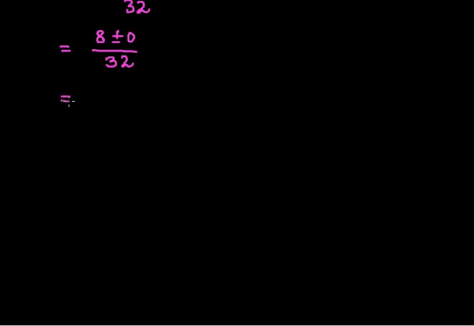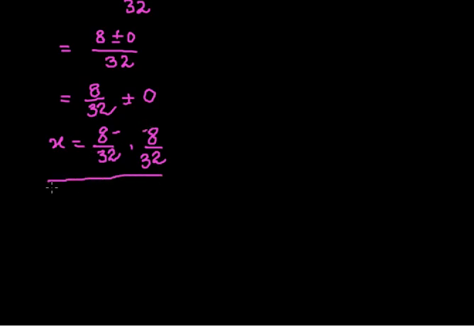This is equal to 8 by 32 plus minus 0. So the values of x are 8 by 32 and 8 by 32 again. This is the solution by quadratic formula.